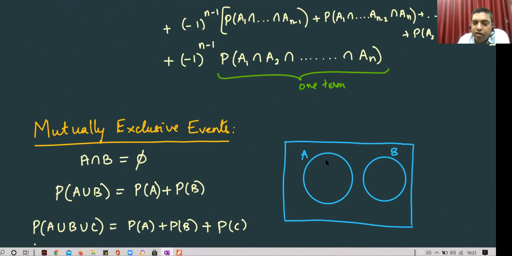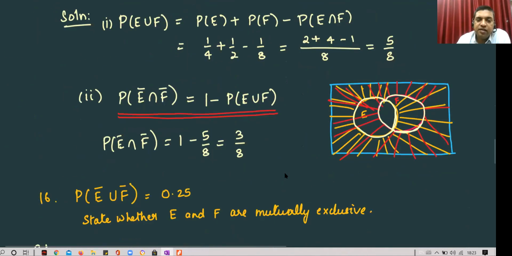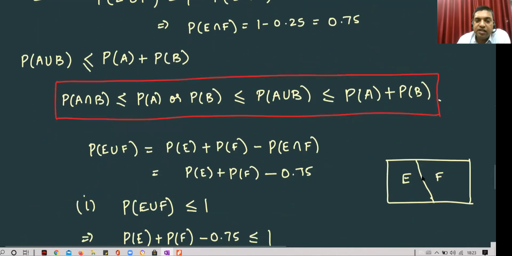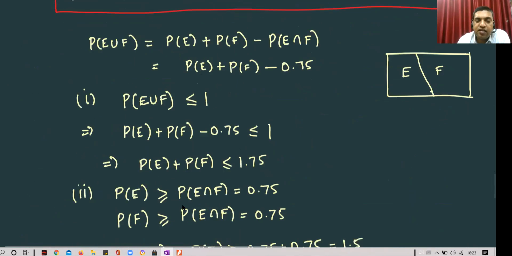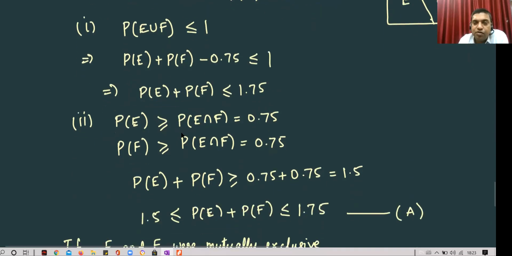That means the probability of A plus probability of B must be less than or equal to 1. So the minute we got that P of E plus P of F is less than 1.75, that itself showed that it is not possible. But then it is possible that they can still be less than 1. So we had to eliminate that possibility.